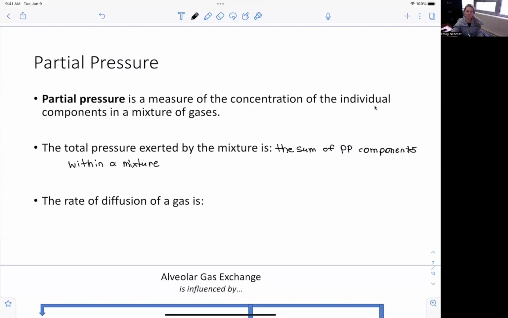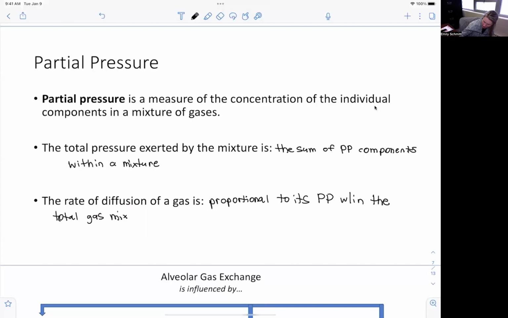So the rate of diffusion of a gas is proportional to its partial pressure within the total gas mixture.